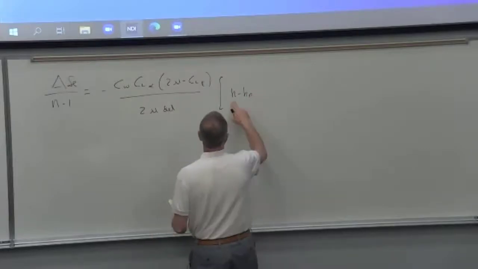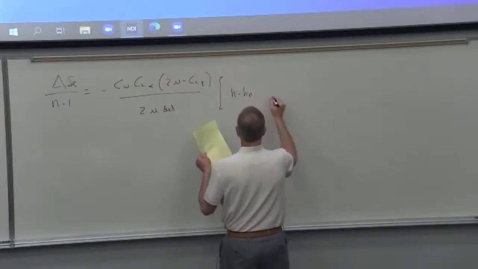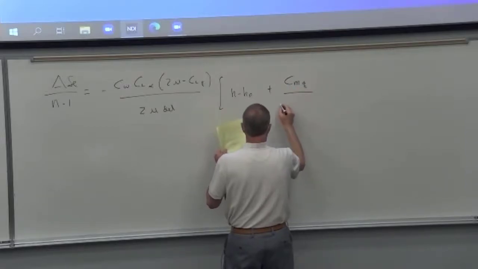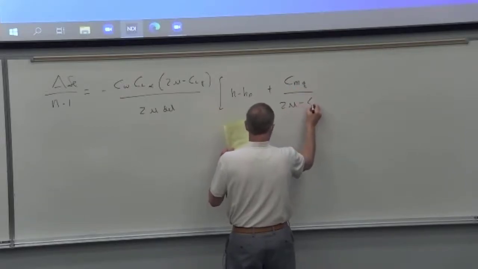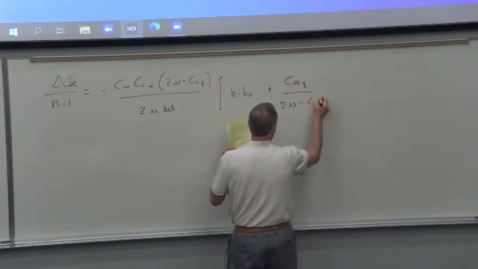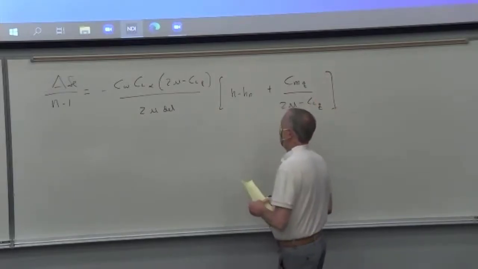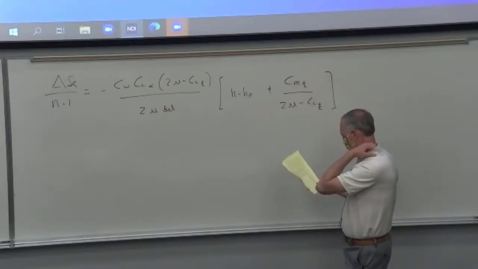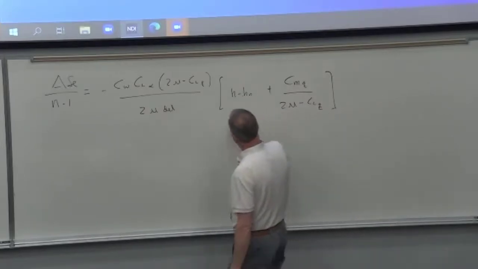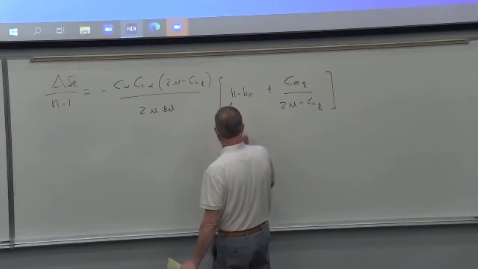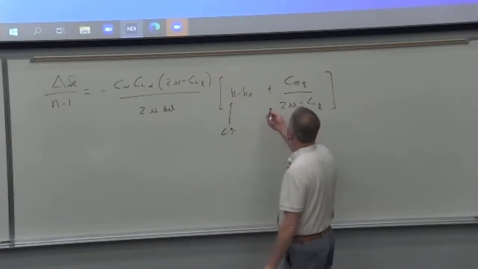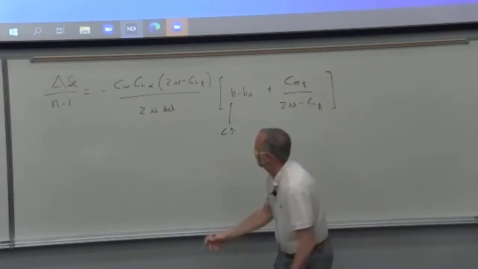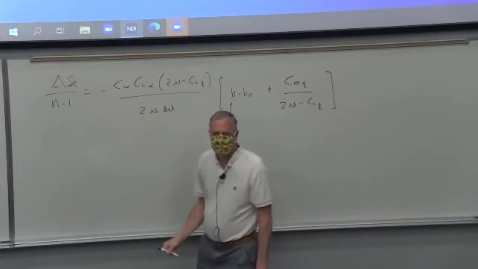You can see here's H minus HN, so that came from CM alpha. And so changing the CG location is going to change the sign of this thing, the stuff in brackets, which is going to change the sign of the whole deal.